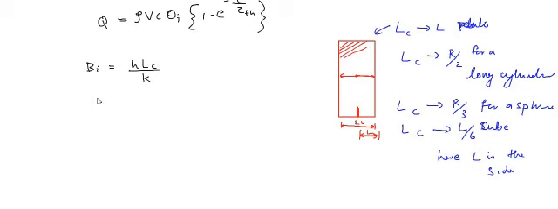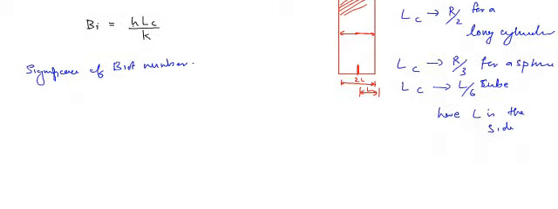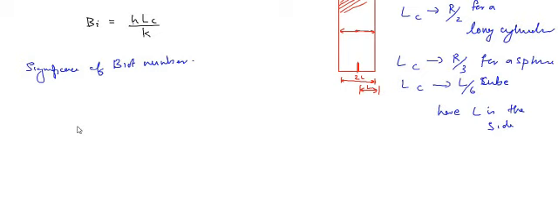Now let us see what is the significance of Biot number. What is this Biot number? This is hL by k. So what is hL by k? Biot number can be written in a different form also, that is Biot number is equal to L_c by k divided by 1 by h.